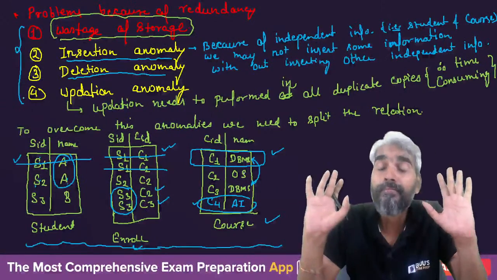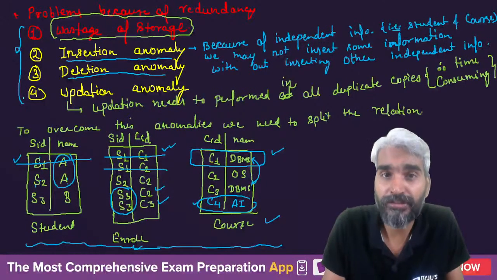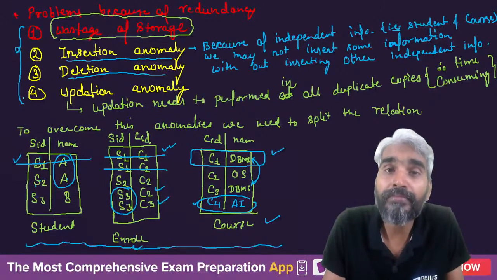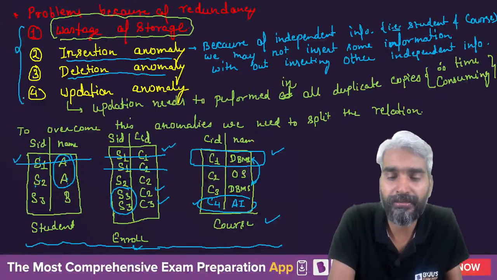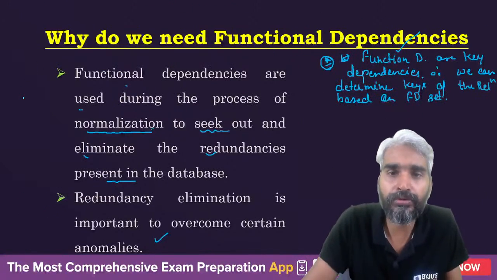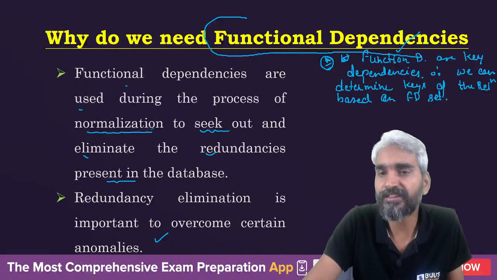But the problem, see, how did we perform this decomposition? In order to perform this decomposition, the thing which will be used is functional dependency. So what is the importance of functional dependency?